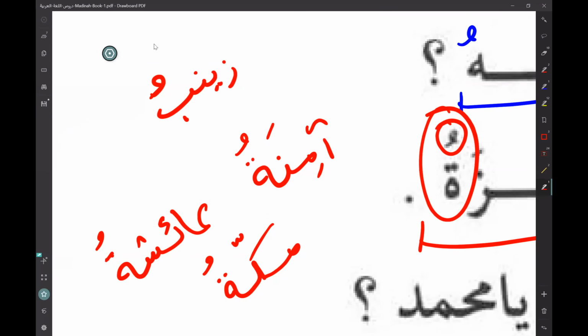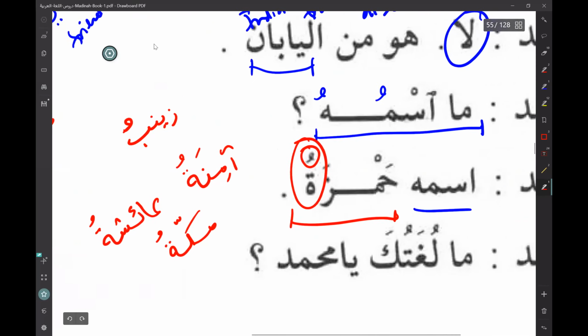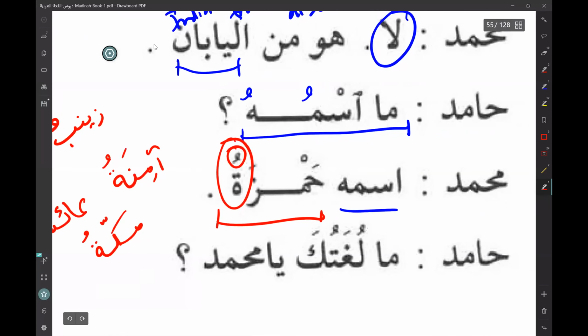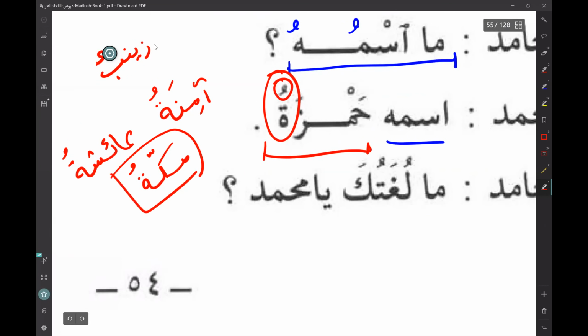If you understand a few of them for now: any female proper name, whether it has a tamarbuta or not, is one of those words. Second, any word that has a tamarbuta and is a proper name, for example Makkah. Makkah is not a female name, but it has a tamarbuta and it is a proper name. You have to understand the key is the proper name.